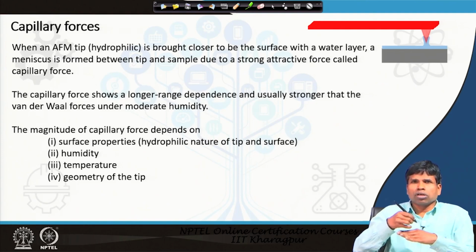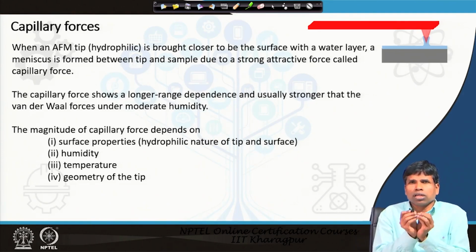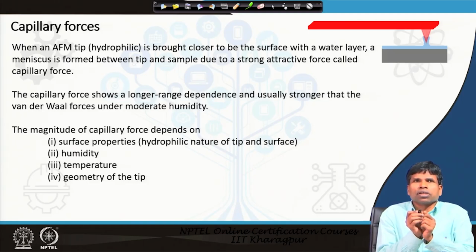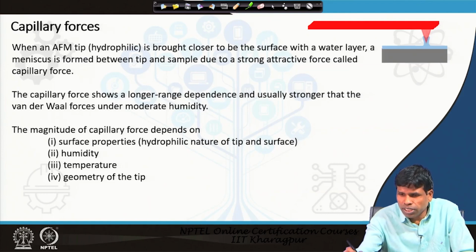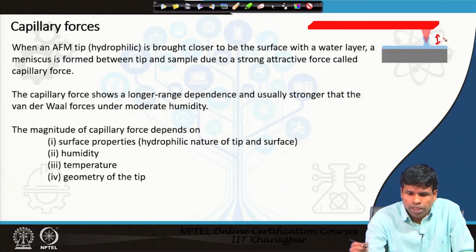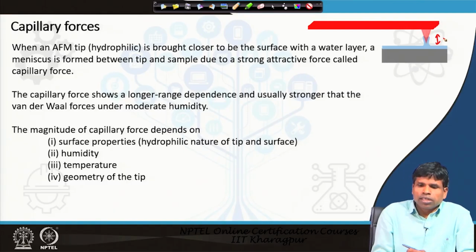When the tip comes close to the sample surface, when it is almost touched, then the water will wick at the tip place, and it will form a meniscus bridge between the tip and sample, and that is what you see here. That is our capillary force.